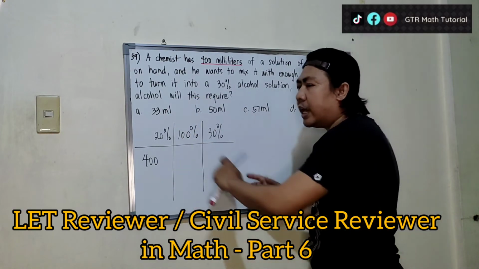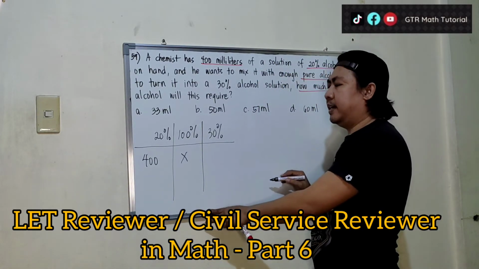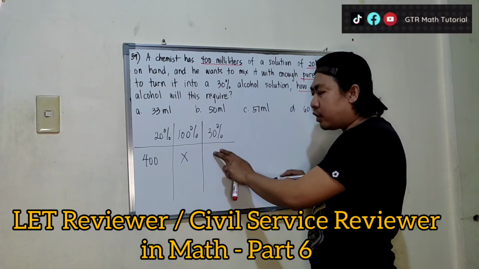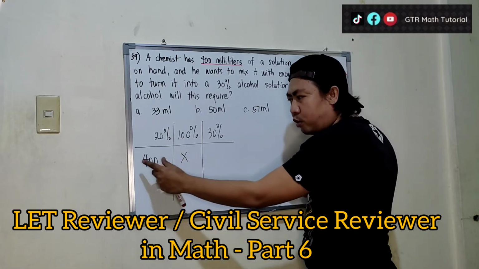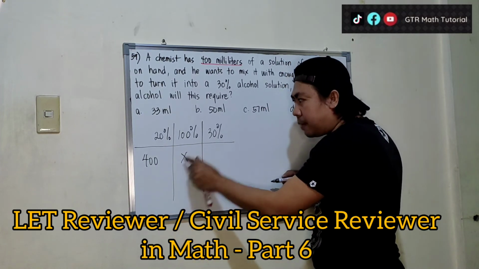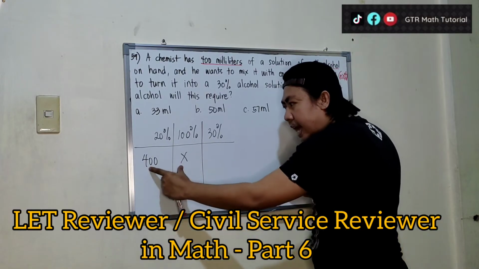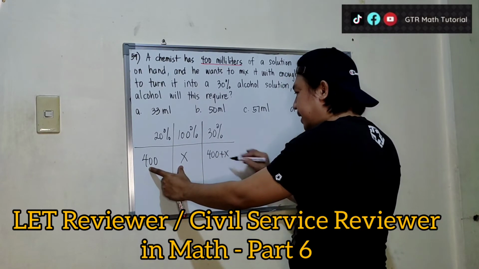So hindi natin alam kung ilan yung ihahalo natin na 100%. So ito yung x. And syempre, paghahaluin natin to, di ba? So 20% ng yung una 400, tapos paghahaluin natin itong 100%. So syempre, yung 30%, i-add natin to. So dito ay 400 plus x.